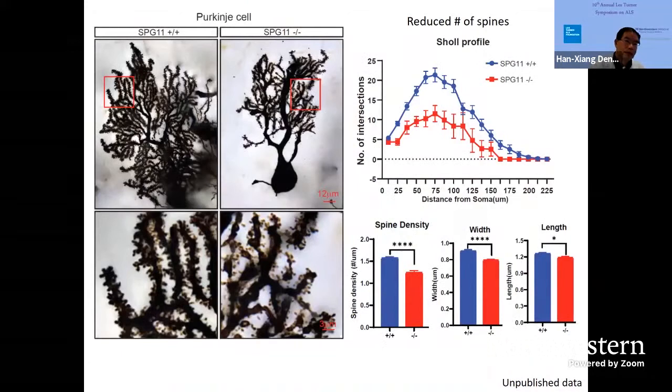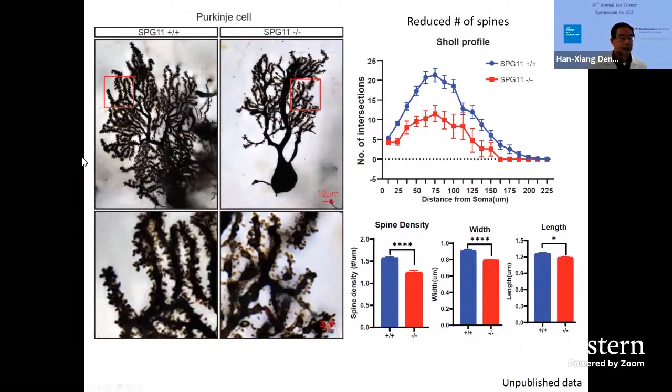And so what is the consequence of this genetic mutation and loss of spatacsin in the humans and in the mice? So, for example, this is a Purkinje cell, because these cells are well separated from others and there's no overlapping, so it can be easily identified and analyzed.